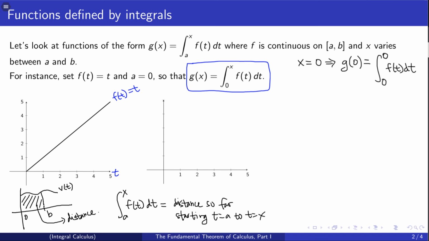And now, we know that if you have an integral where the lower and upper limits are the same, that integral simply evaluates to 0. So what I'm going to do here is create a plot for x and g of x by plotting points. So when x equals 0, the function value is 0, so that's this point here.